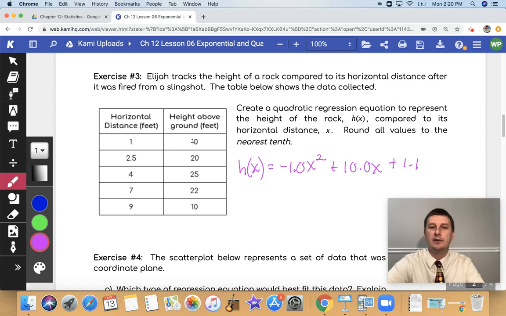Just by knowing very easy metric values that you could find on your own, you can now create the quadratic equation and predict the height of the rock at any point in time, which is pretty cool. There's more that we could do, but this is all we're going to do in Algebra 1.